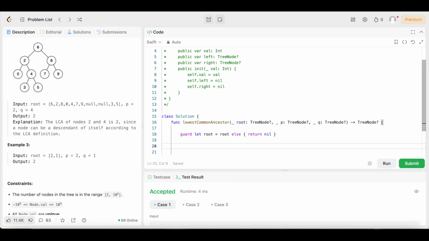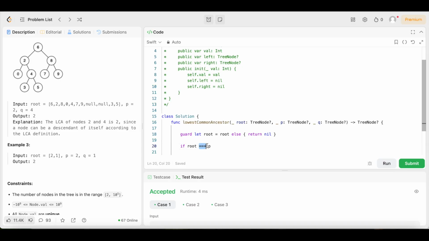Now we want to check to see if the current root is equal to either P or Q, right? If it is, then the current node is one of the nodes that we're looking for. So all we have to do is say if root is equal sign, three equal signs, to P. This three-equal-sign operator just checks if it's the same instance in memory, right?